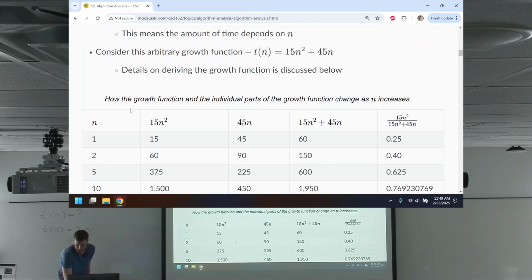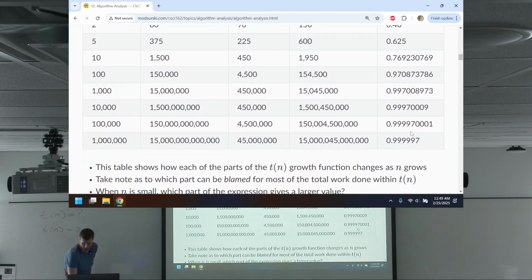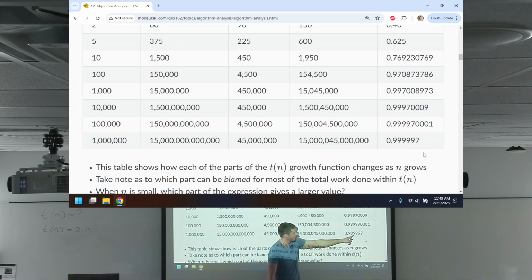And look, over here, I'm showing you the proportion of the whole, the ratio between the 15n squared part and the total. Basically, how much of the total can the 15n squared account for? Well, as n gets bigger and bigger and bigger, it starts to account for more and more. In our case here, at 1,000,000, it accounts for 99.9997%.